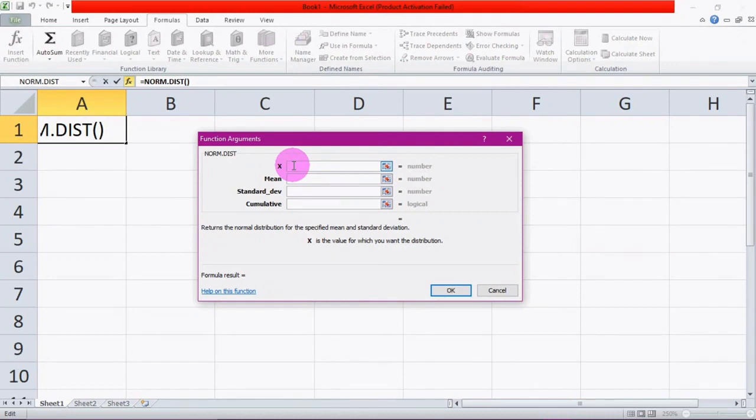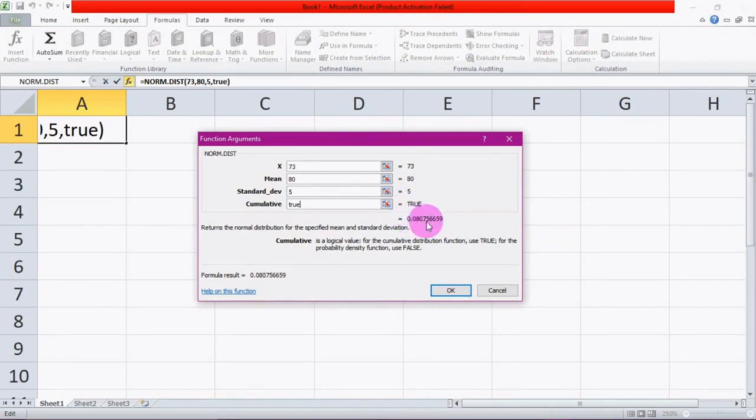Since we are computing for the probability that x is less than 73, we are going to input 73 here. And then the mean of the distribution is 80 and the standard deviation is 5. For the cumulative, we are going to input TRUE here. Now, the resulting value is this one.